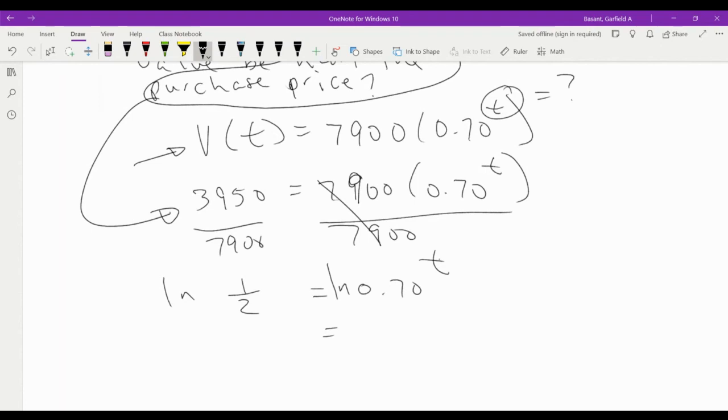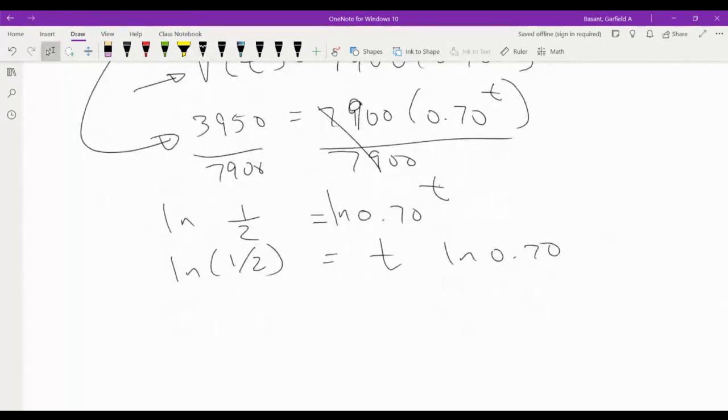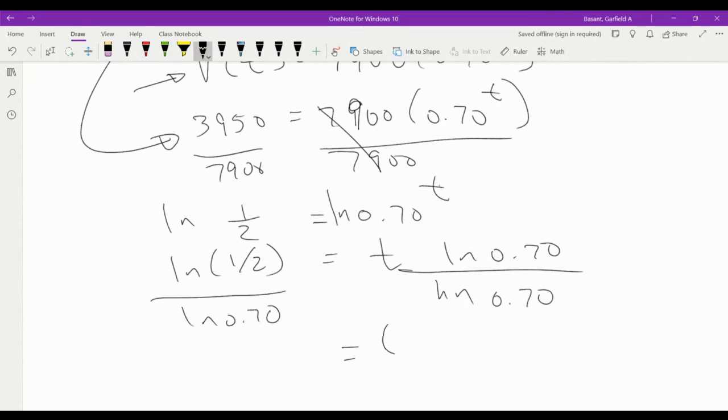So this becomes t times the ln of 0.70 equals the ln of 1/2. So we divide both sides by the ln of 0.70. It's equal to t.